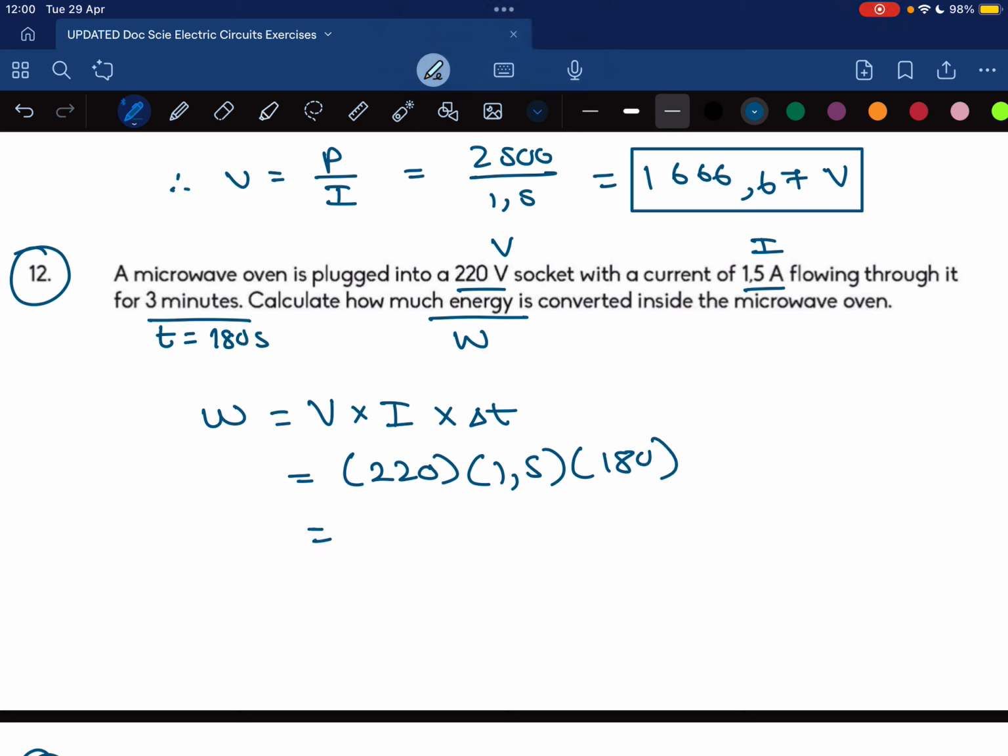If you multiply all of that together, we'll get 59,400 joules. Don't forget the unit again.